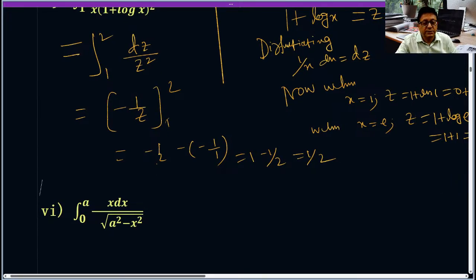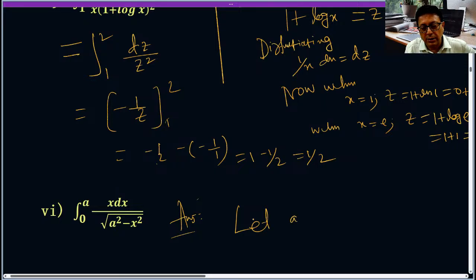That is always better. You can put a trigonometric substitution, you can put an algebraic substitution also. Algebraically, let me do it. Let a square minus x square equal to z square. You agree? To remove the square root, we can do it.